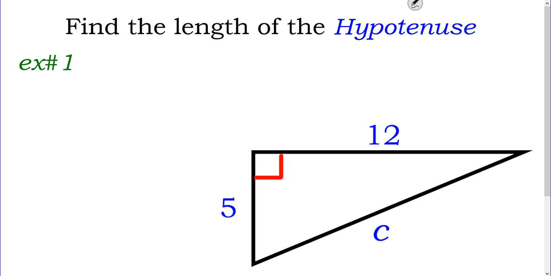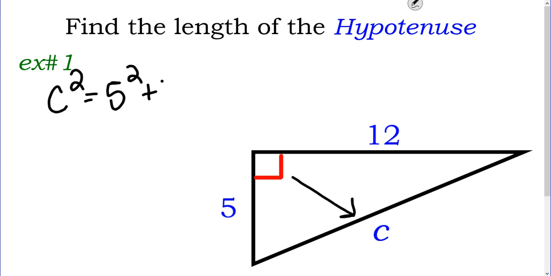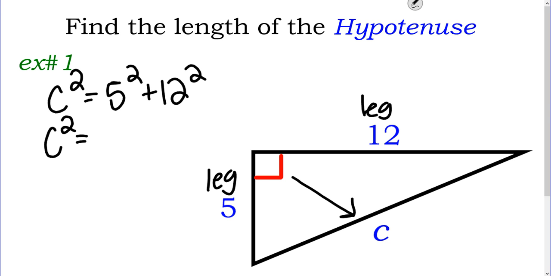So find the length of the hypotenuse. The hypotenuse is across from the 90-degree angle. So hypotenuse squared equals leg squared plus leg squared. Okay, 5 and 12 are my two leg lengths. So c squared equals 5 squared, which is 5 times 5, which is 25. 12 squared is 12 times 12, which is 144.